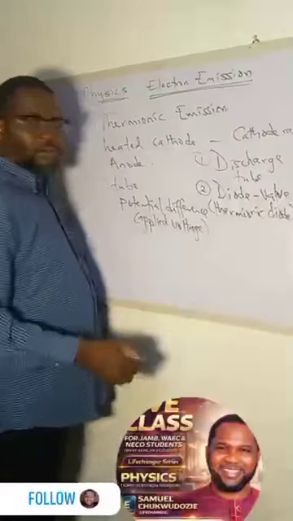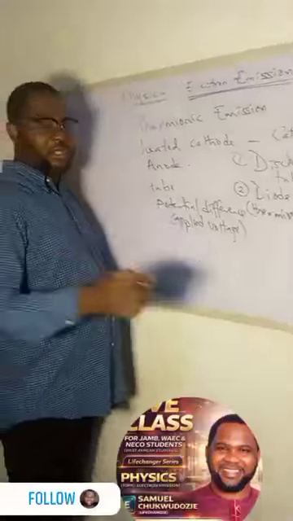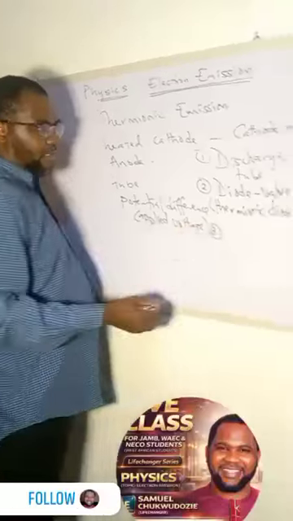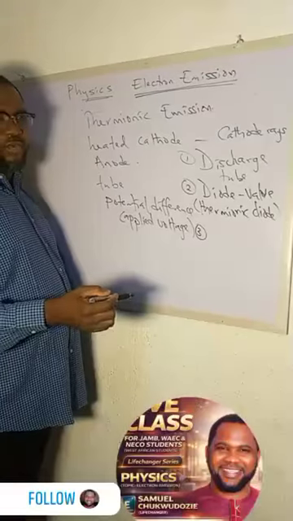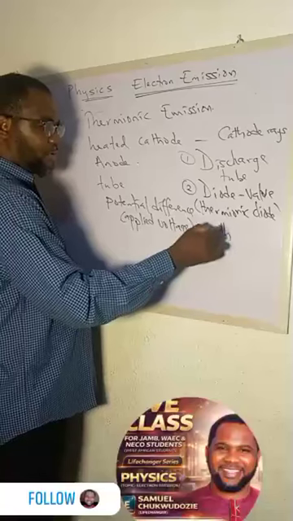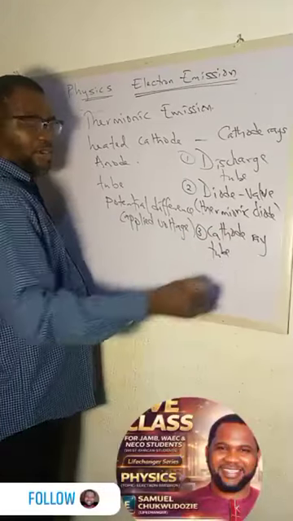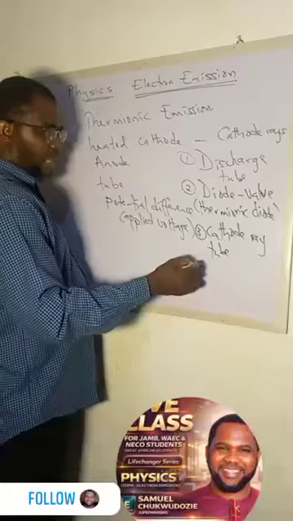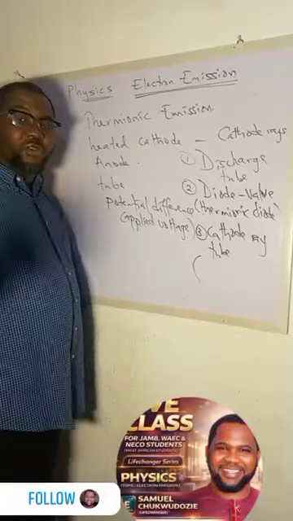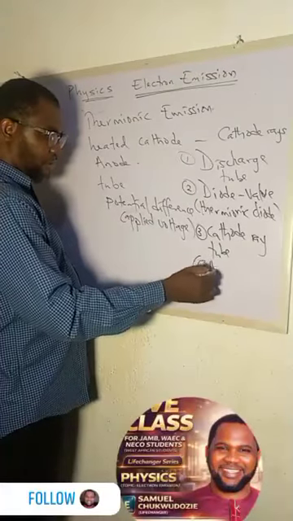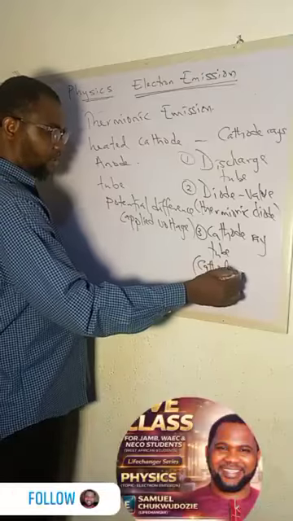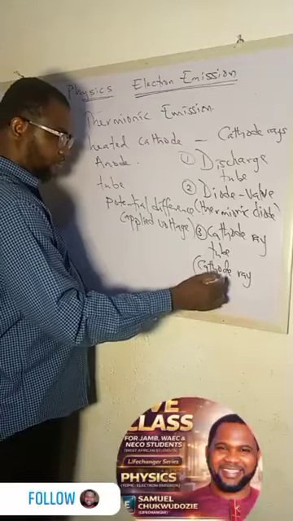Now the third thing we are going to be looking at, number 3, after thermionic diode, is what we call cathode ray tube. Actually, cathode ray tube is contained in what we call cathode ray oscilloscope.